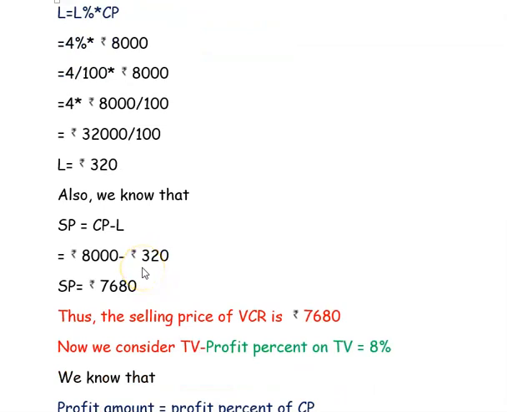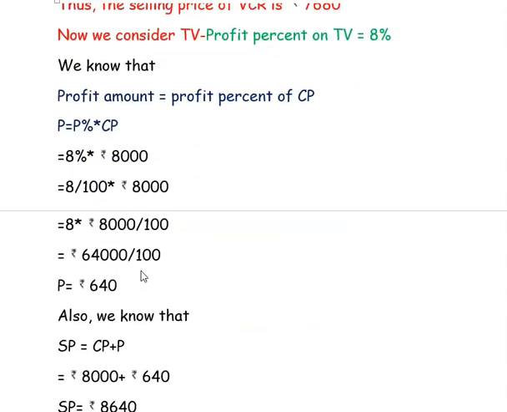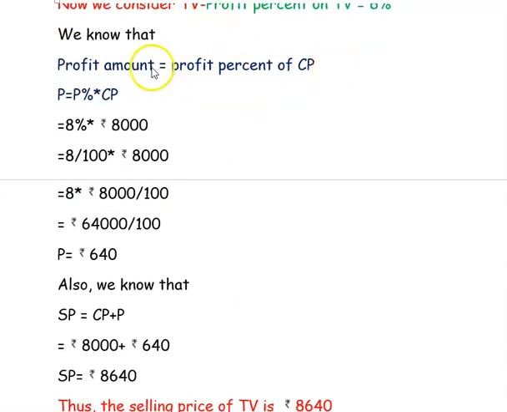Now we'll consider the TV. For the TV, it is given that the profit percent is 8%. We know that profit amount equals profit percent of cost price. We can write it as P equals P% into cost price. It's given 8%, so 8% into rupees, and here we have to take the cost price of the TV alone, so it is rupees 8,000.